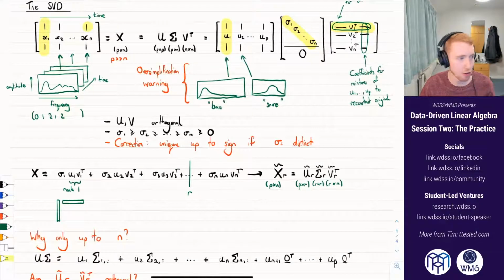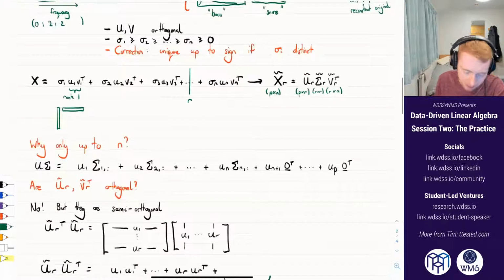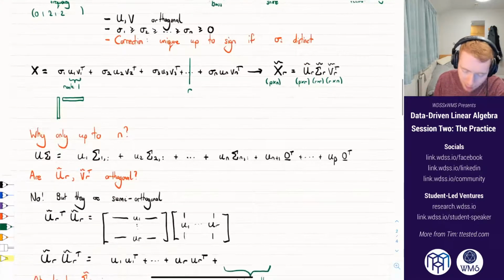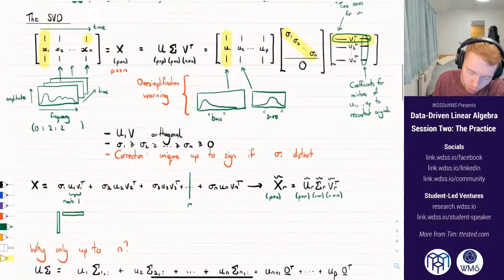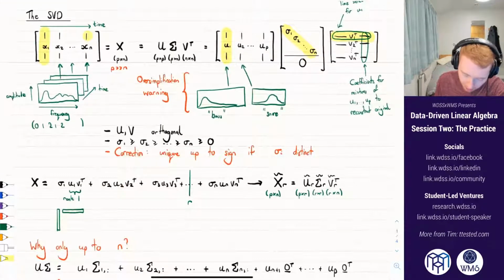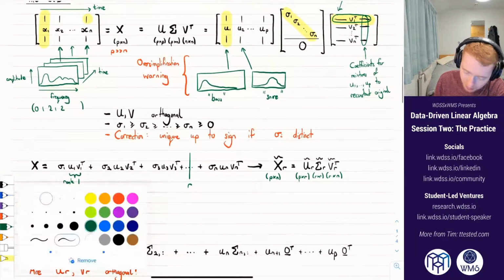Okay, so moving back to talking about the SVD, a few things also to mention. When we're doing this outer product here, why does it only go up to n? Because we had these u's going up to p. Why does it stop at n? And the reason is because of these zeros here.